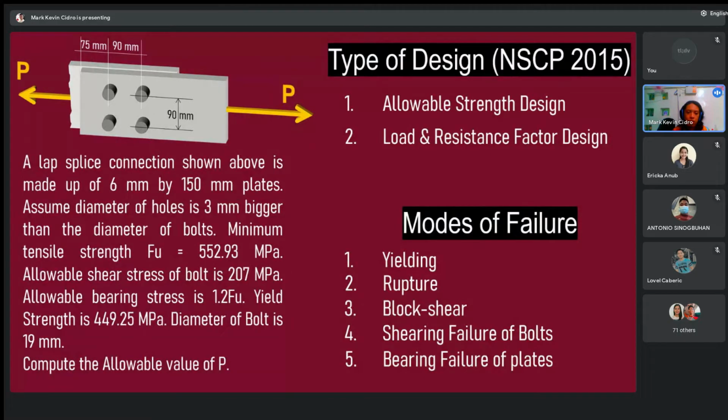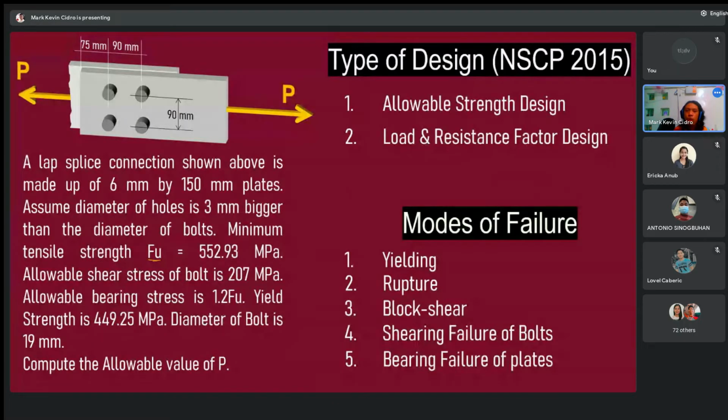The allowable shear stress of the bolt is 207 megapascal, and the allowable bearing stress in the plates is 1.2 Fu. Fu is given. And of course, the yield strength is equal to 449.25 megapascal. The diameter of the bolt is given. Compute for the allowable value of P.